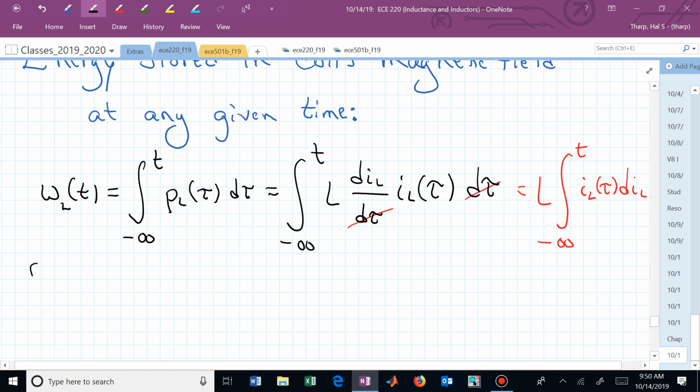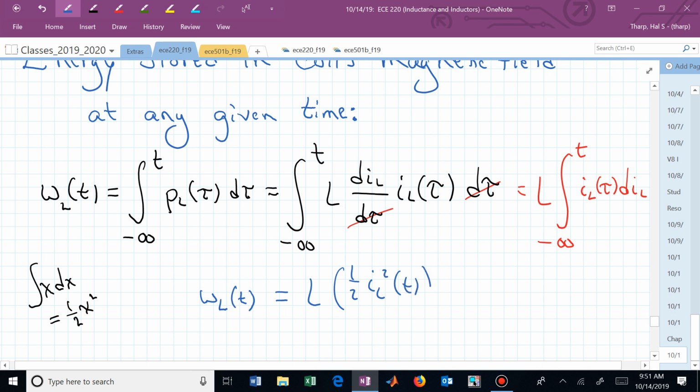So now you're going, well, let me remember what this is. What is that? Isn't it 1/2 x squared? We can now use that to say, oh, the energy in our inductor is now L times 1/2 i sub L squared.